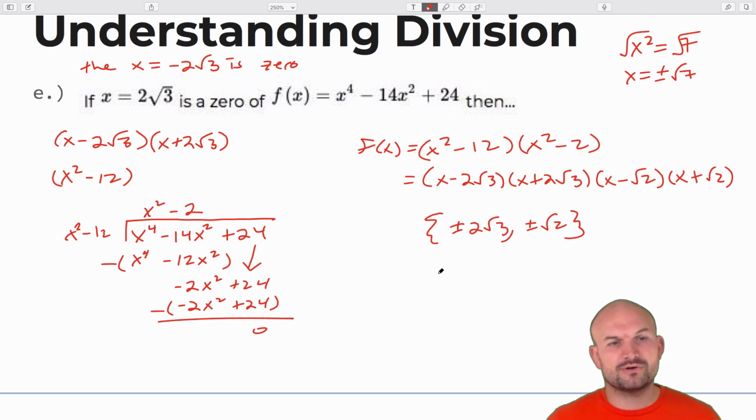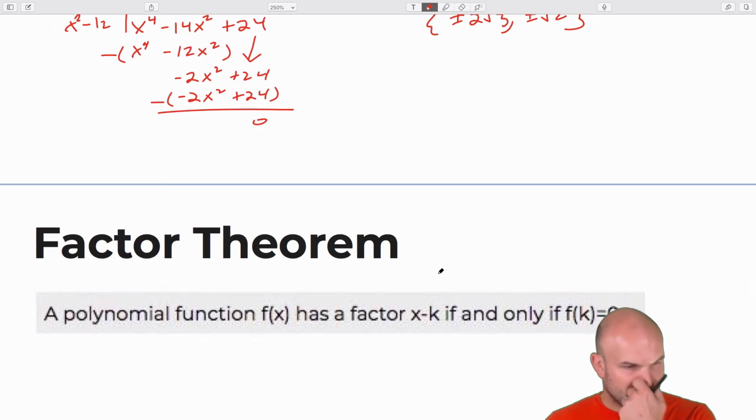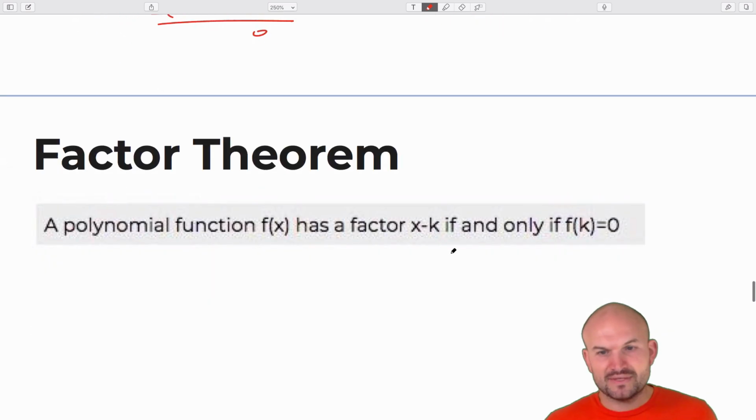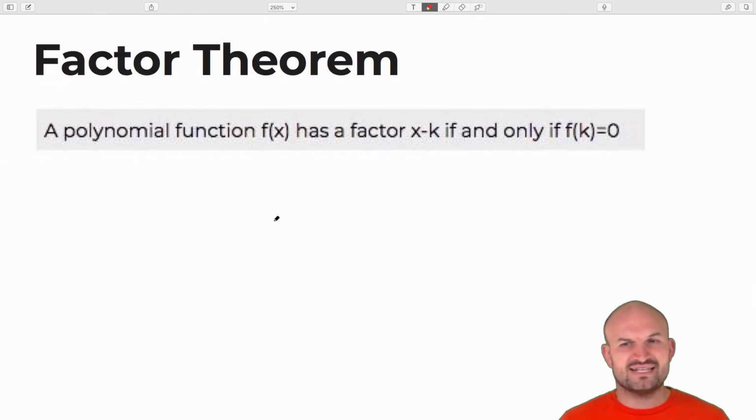So that is how we can use division, guys, long division as well as synthetic division, to go ahead and find our zeros. Now, the next two theorems build on what we have described here, the factor theorem. Basically, the factor theorem says a polynomial function f(x) has a factor x minus k if and only if f of k is equal to 0. Now, again, remember, what is k?